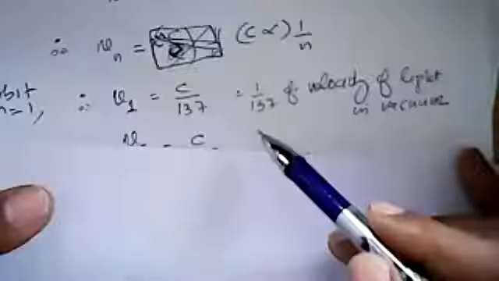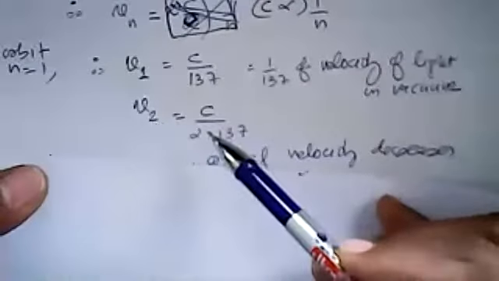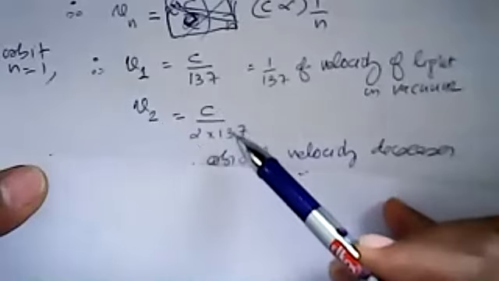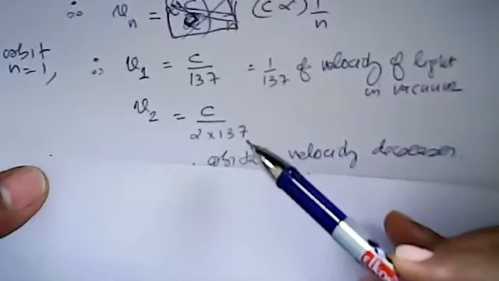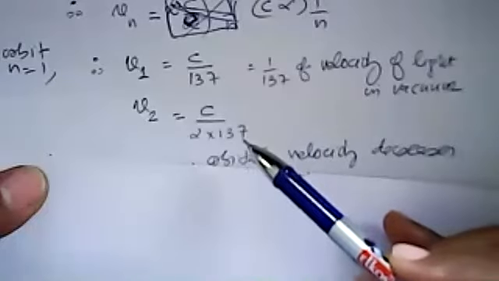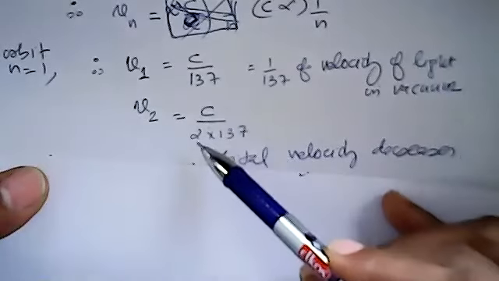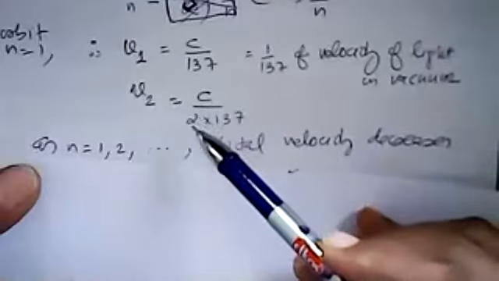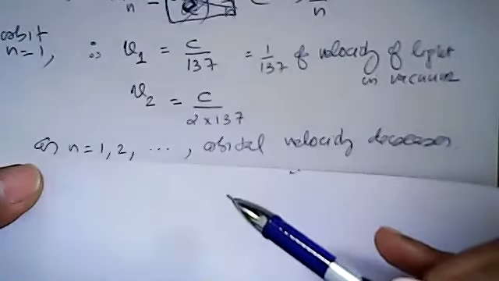Now put n equal to 2, you get V2 equal to c by 137 into 1 by 2. 1 by n, put n equal to 2, 1 by 2. So c by 2 into 137. Similarly, V3 is c by 3 into 137.